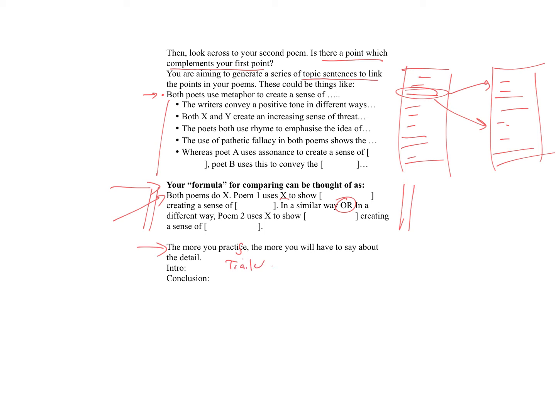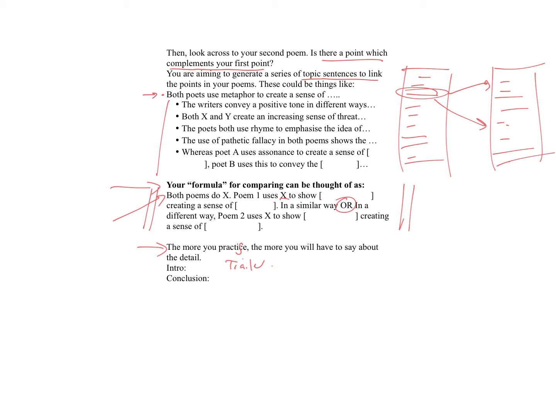So once you know what you're going to write about, you end up with something like both poets, let's say Armitage and Duffy in their poems Mother, Any Distance and Before You Were Mine, or both poets Browning and Mew in their poems Porphyria's Lover and The Farmer's Bride, create a sense of such thing through their use of, and then maybe list the techniques, conveying an overriding sense of, or overriding impression that.